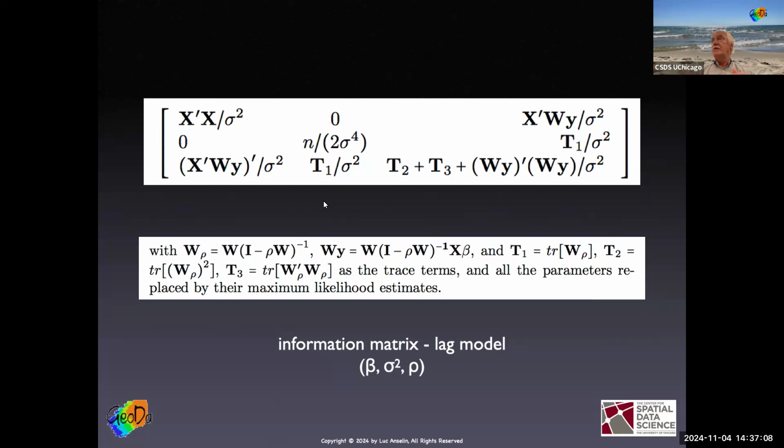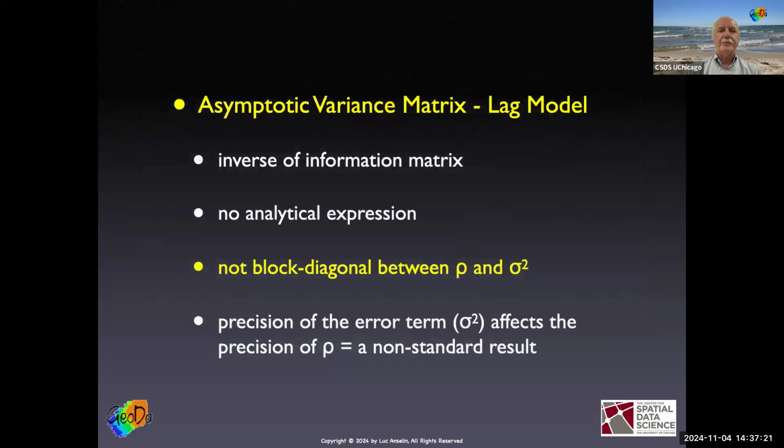If you assume normality, you can compute the likelihood for that, and then you can do a likelihood ratio test, which would test the significance of rho, and for the betas, you don't have to worry about it. Inverse of the information matrix, not block diagonal, no analytical expression, all bad news all around.